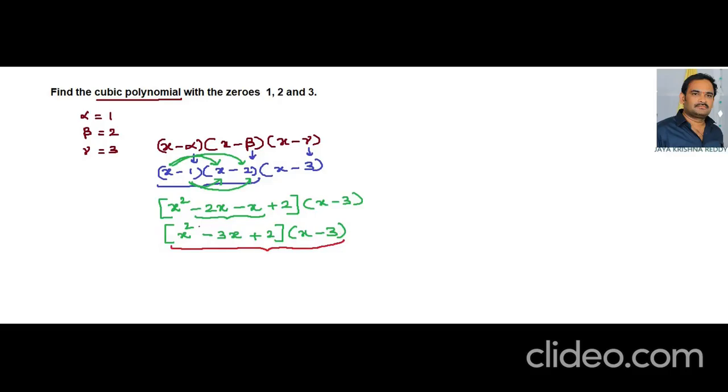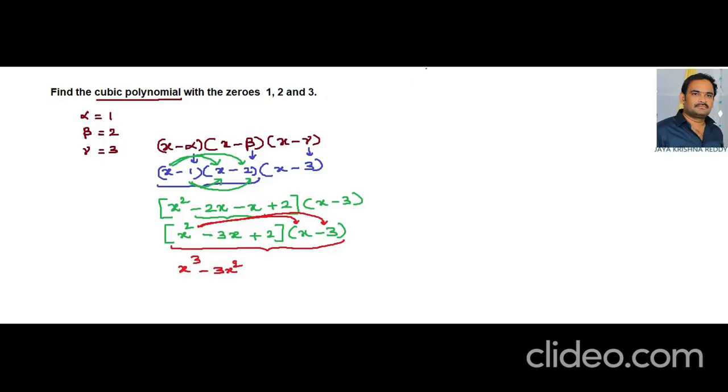Now first multiply this x square with x, x square into x, it is x cube, and next x square into minus 3, it is minus 3x square.